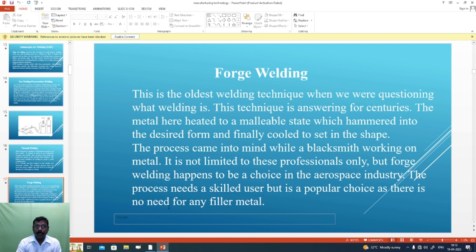The process came into being while a blacksmith was working on metal. It is not limited to these professionals only, but forge welding happens to be a choice in the aerospace industry. The process needs a skilled user but is a popular choice as there is no need for any filler metals.